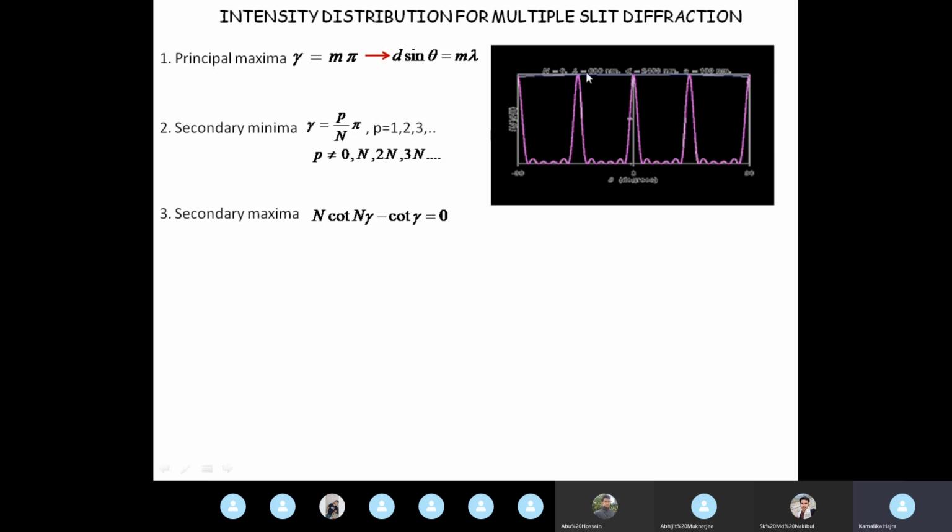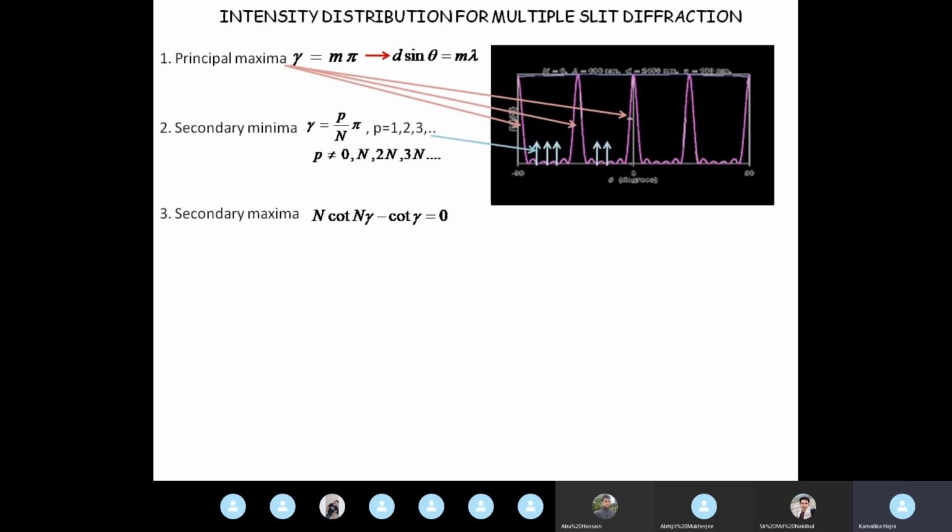So this is the typical figure of intensity distribution that we'll get. These peaks, of the order of n square, and these small peaks, and in between the points where the intensities are 0. These peaks of the order of n square are the positions of the principal maxima at d sine theta equal to m lambda.